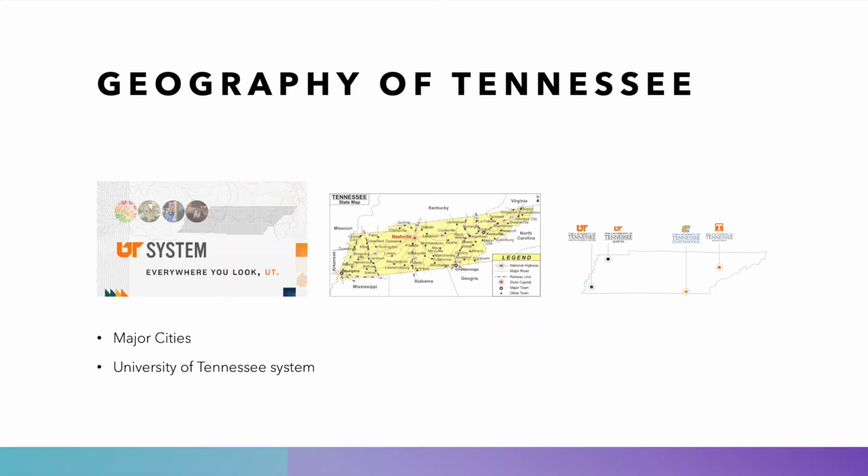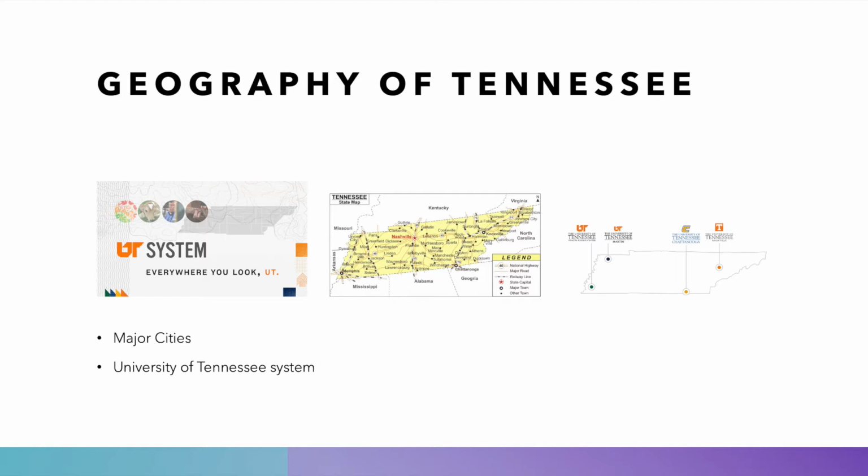Next one, we are going to talk about the geography of Tennessee. First of all, I would like to introduce our University of Tennessee systems. We have 4 branches for our UT system. First and foremost, we have the University of Tennessee Knoxville, located in the city of Knoxville. Next one, we have the University of Tennessee Chattanooga as a different campus and a different school.